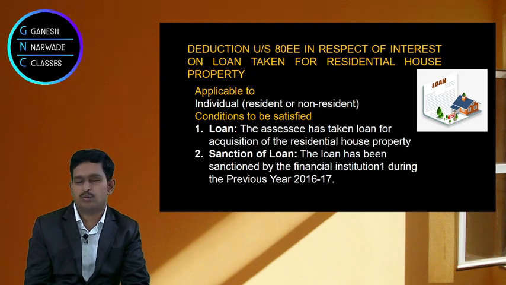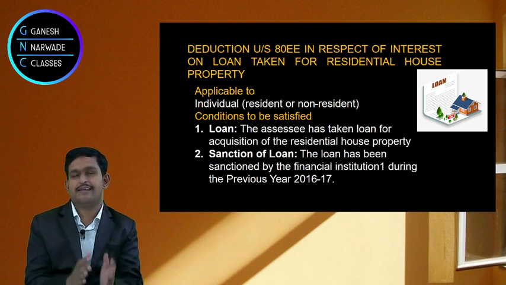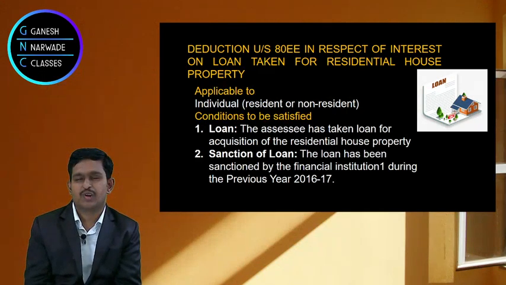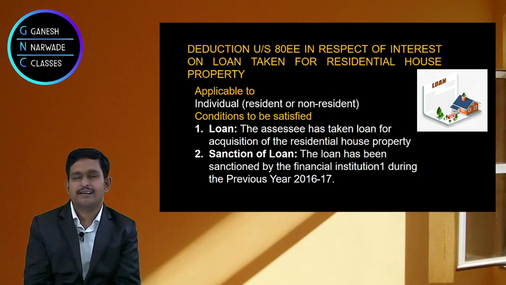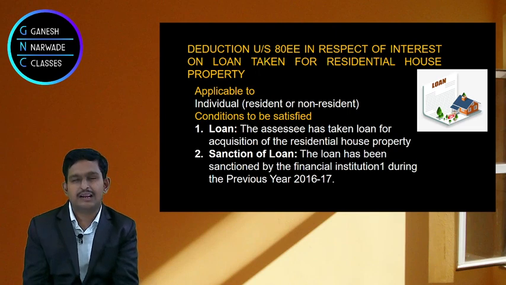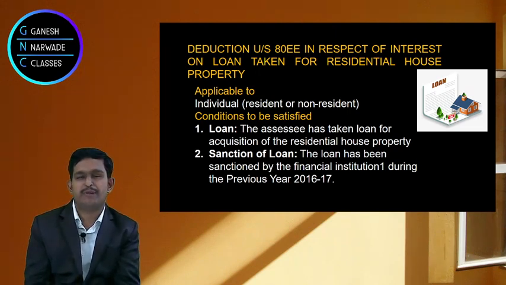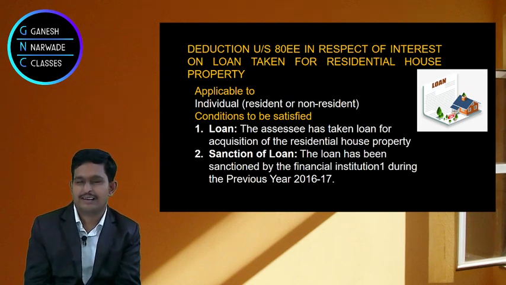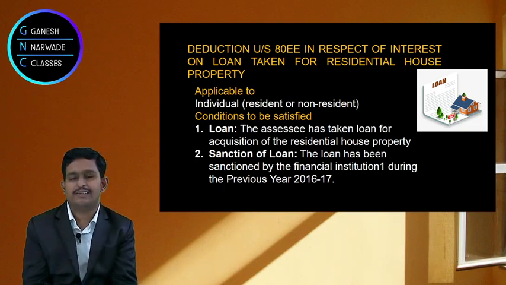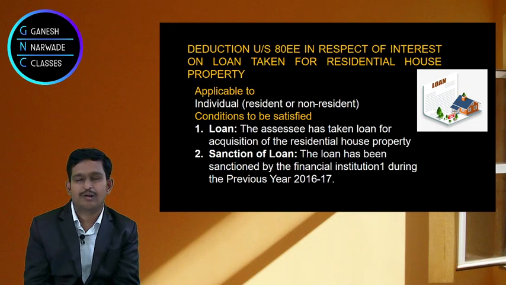The answer is no. Sir, if I have constructed the house and the construction cost is 60 lakhs, will I get deduction? No, because it is more than 50 lakhs. That means this type of benefit is given only to middle class people, not for the rich segment of society. Clear? For affordable housing only, this type of benefit is given. Are you clear what I said?